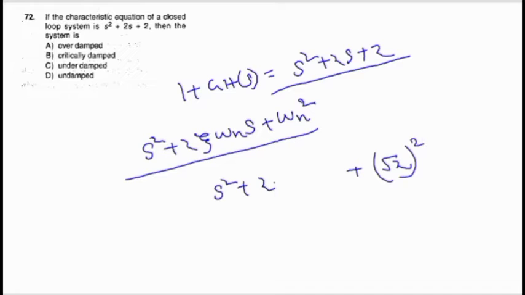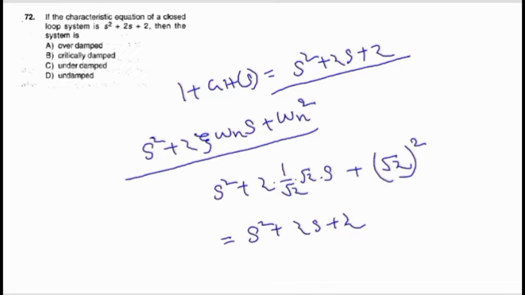If we compare this with the given characteristic equation, omega n is root 2, since omega n square is 2. Let's first write omega n and then s. This omega n root 2 is coming extra, so we have to compensate with the value of zeta, so zeta will be 1 by root 2. So ultimately we are getting the same, s square plus 2s plus 2.